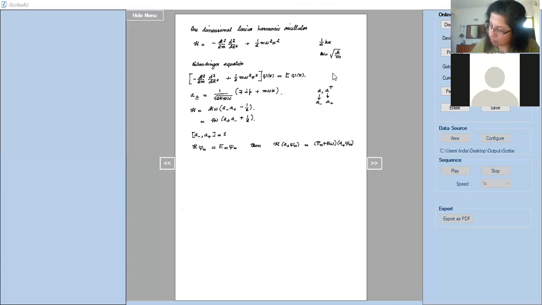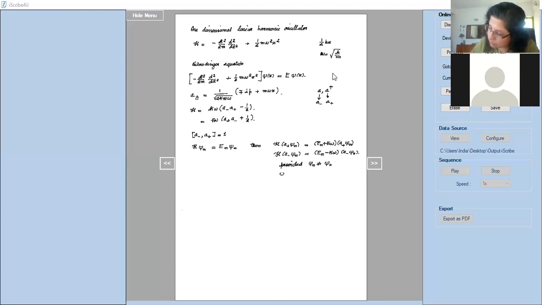So what about H A minus psi n? Here we have to be a little careful. This will become En minus H cross omega, A minus psi n, provided that psi n is not equal to psi 0. And what is psi 0?